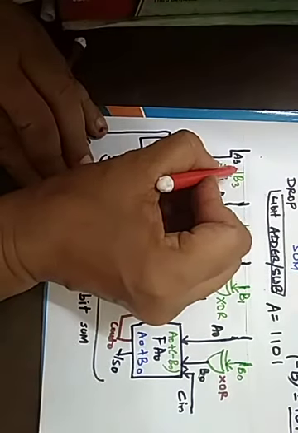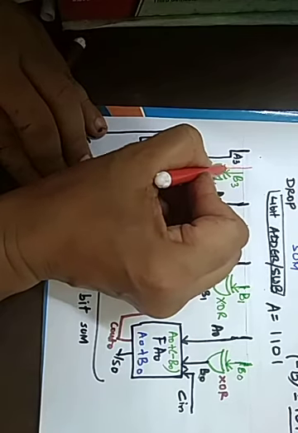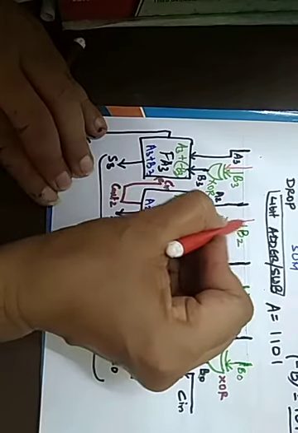And now we are left with adding the mode input M. So the second input of each of these XOR gates will be the mode input.